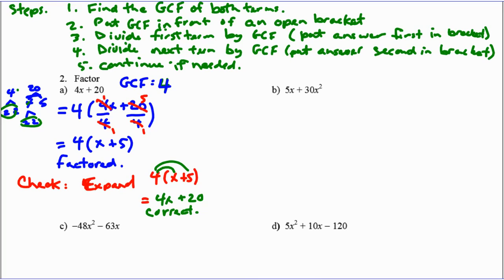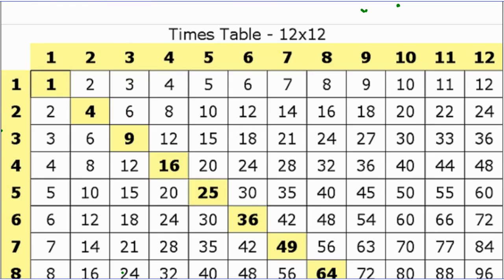So again, on this next example, we want to check if there are any variables. And look, they have x in common. So the GCF will have an x. We just don't know what the number will be yet. Just doing our math in our head, what's common from 5 and 30?